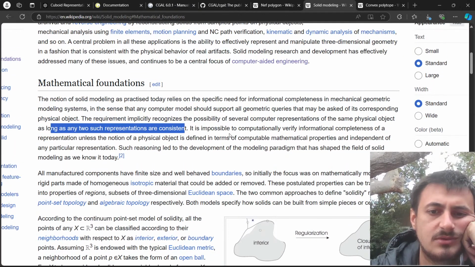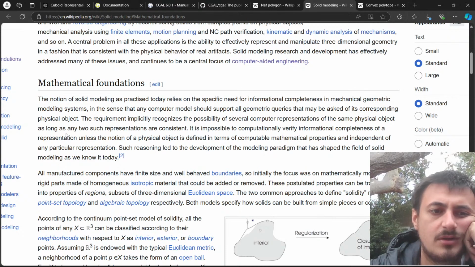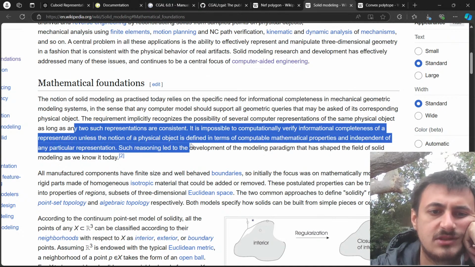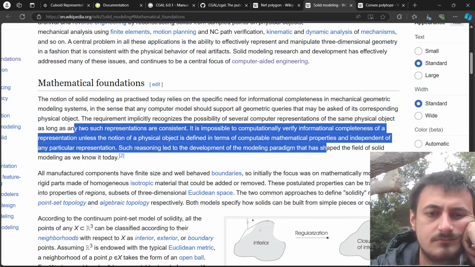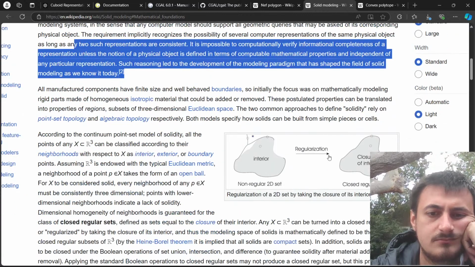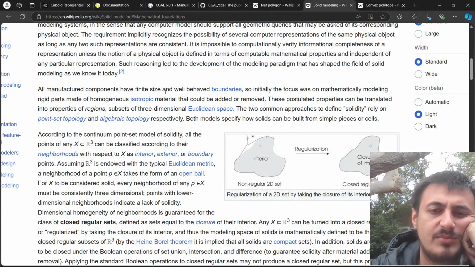It's impossible to computationally verify informational completeness of a representation unless all manufactured components have finite size and well-behaved boundaries.